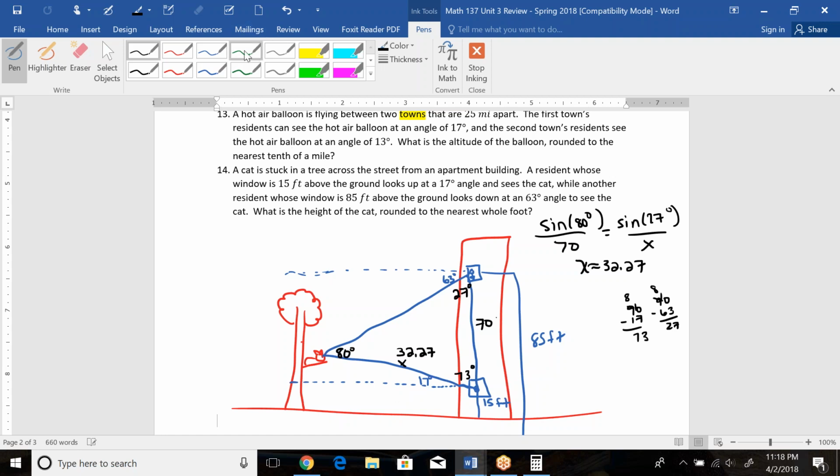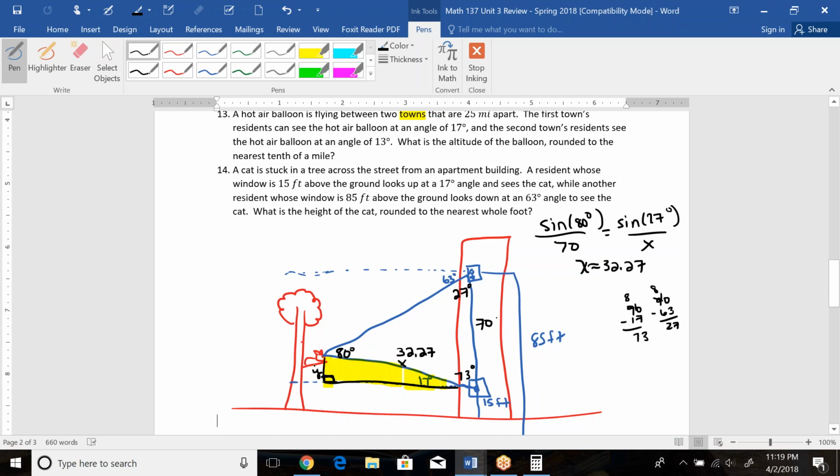Now, what we want to do next is form another triangle. We need to know the distance from here to here, because we already know that this down here is 15. So we're looking at this little triangle down here. If you drop down a line to a horizontal line perpendicular, you have a 90-degree angle there. So if we want to know this little piece right here, this is y, and since this is a right triangle, we should be able to use either sine, cosine, or tangent.